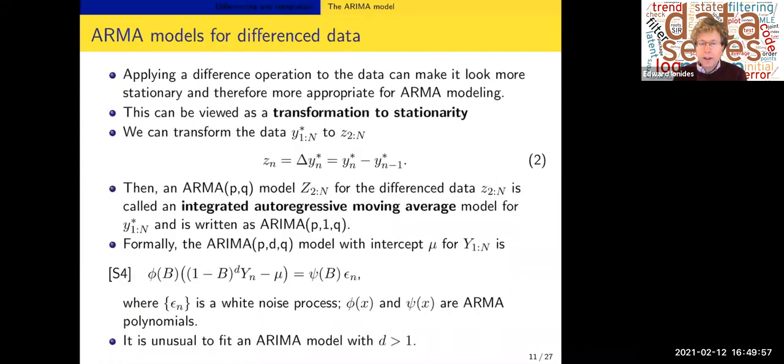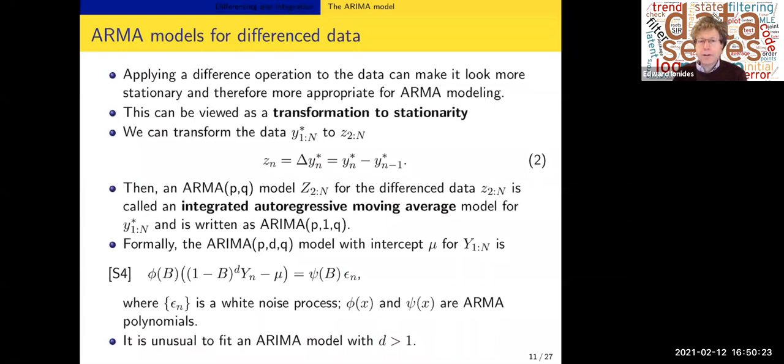Okay, so now the next thing we're going to look at for extending ARMA modeling is dealing with difference data. Dealing with difference data means you have to integrate back to a difference model to get back to the data. So they're called integrated models, even though they involve differencing.